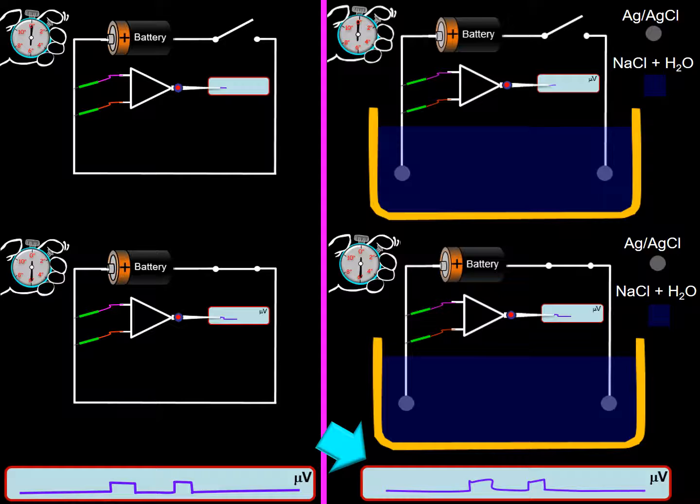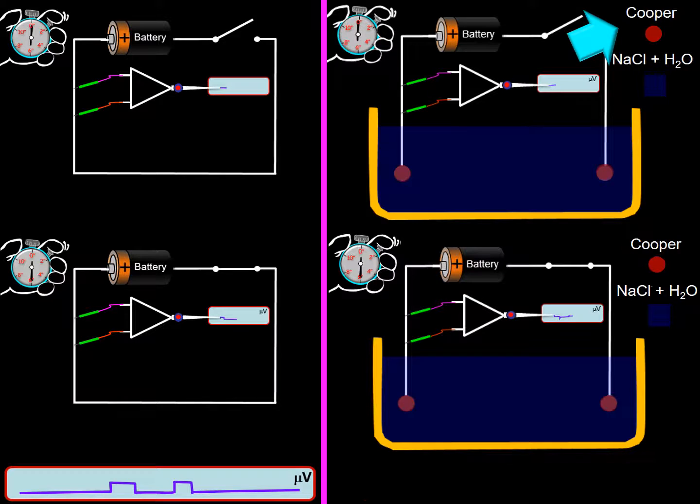You can see how similar it is to the pure electron circuit that is on the other side. So here I have indicated the composition of the electrode as being silver chloride. In this new frame, I have substituted the electrodes for copper.